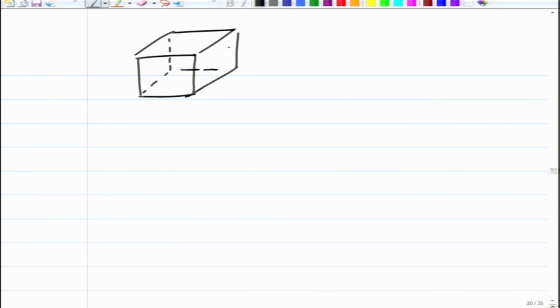Let us also calculate the bulk modulus. If I take this cube and compress it on one side by force F, then the pressure would be equal to the applied force divided by a square.